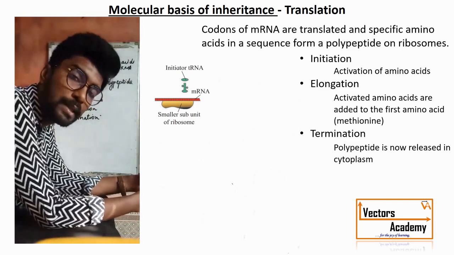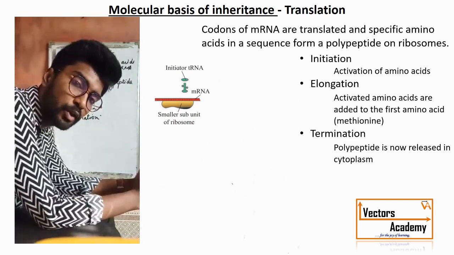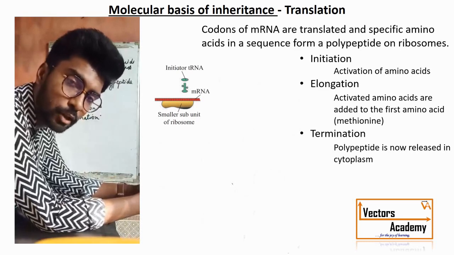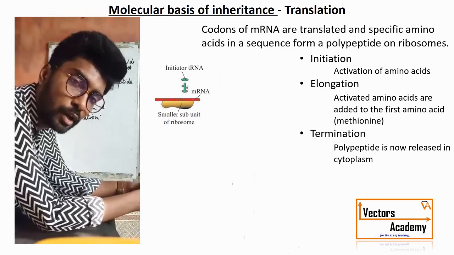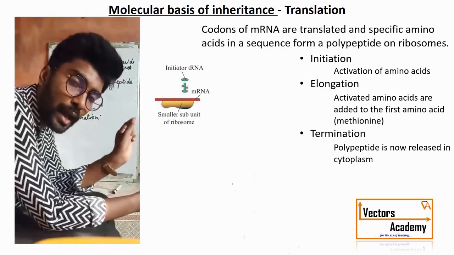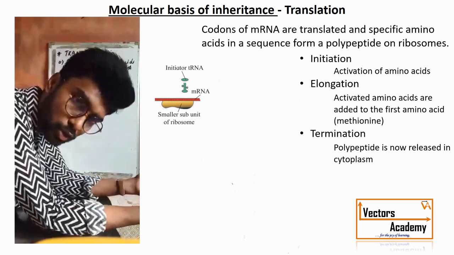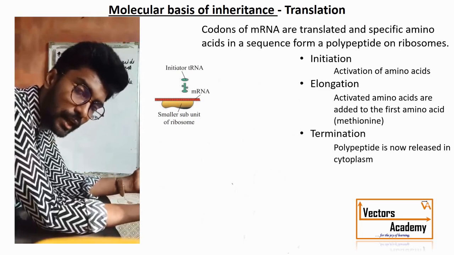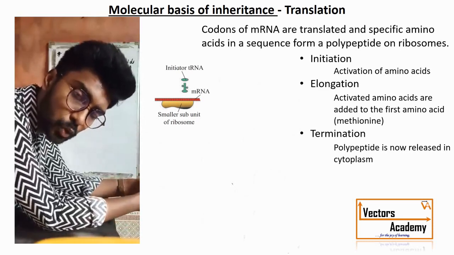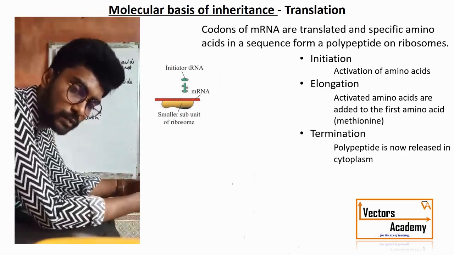Once the amino acid transfer RNA complex goes and binds to the AUG codon of messenger RNA, this will be specified by the UAC anticodon of the transfer RNA.